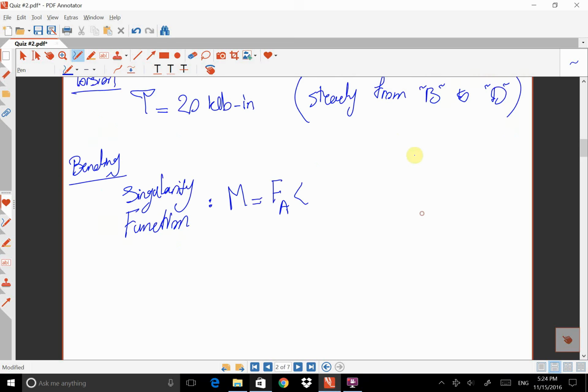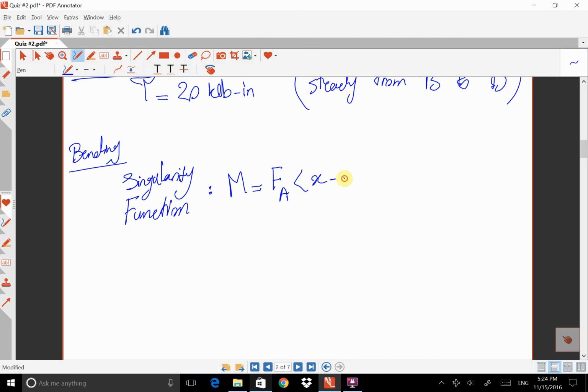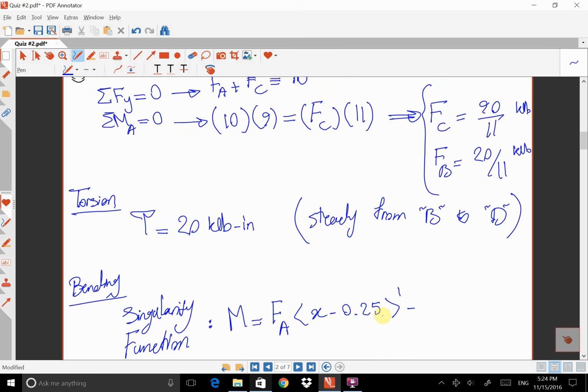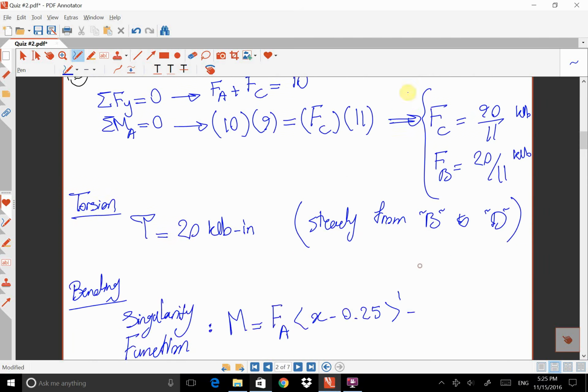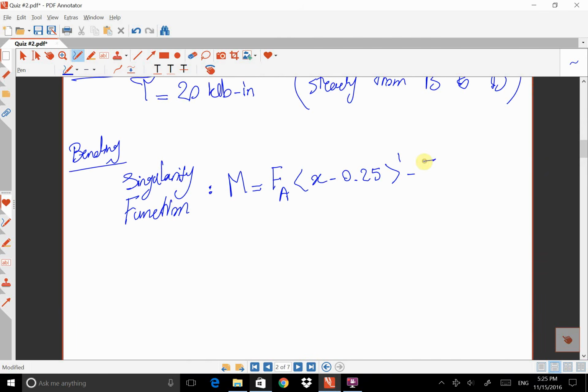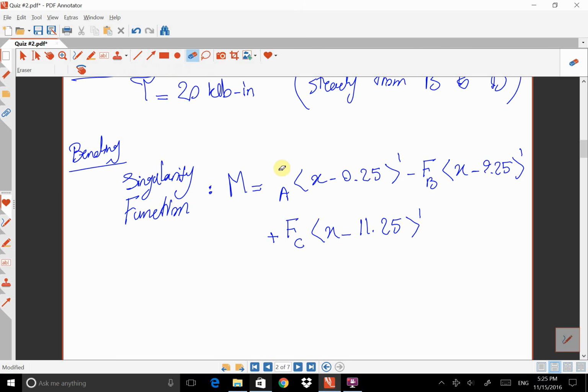The distance is x minus a quarter, the power is 1, minus external force FB, the distance is x minus 9.25, the power is 1, that's minus because it's acting downwards, and FC, x minus 11.25, power of 1.